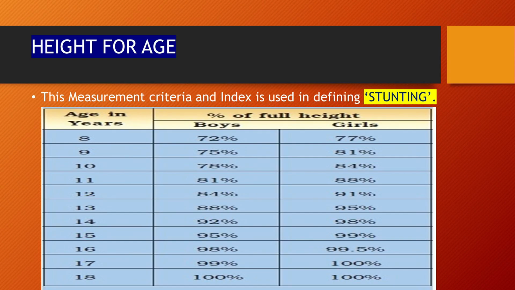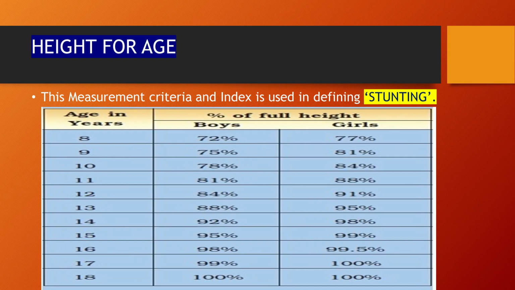At the age of 16 to 17, she achieves almost 99 to 100% of the maximum height she can get, whereas a boy takes one more year. He can achieve it up to the age of 18 years, and it may proceed up to the age of 21 years.